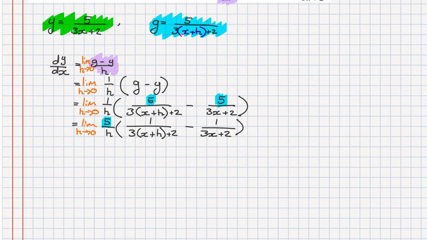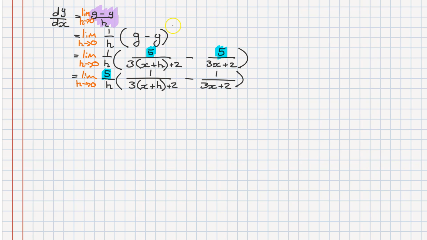Now we're in a position to start dealing with what's inside these parentheses here. Our objective is that we want to observe this expression as h approaches 0, but if we put it in right now, we'd get a 0 there, and then we'd get an undefined result, and we can't have that.